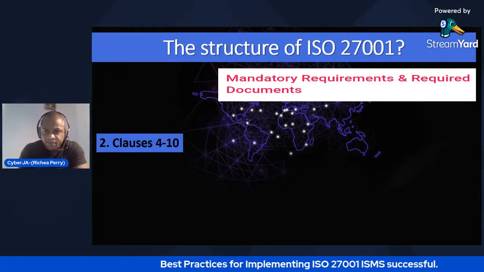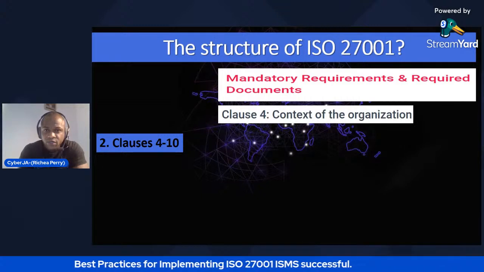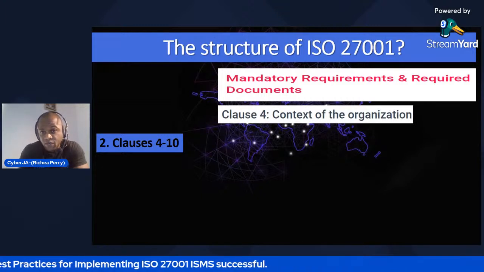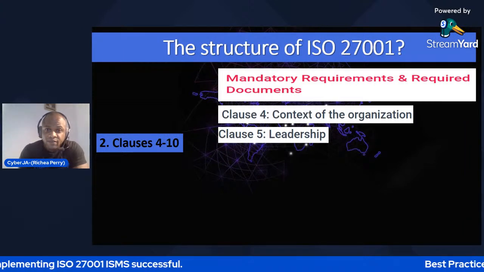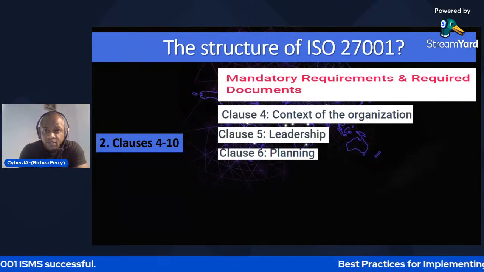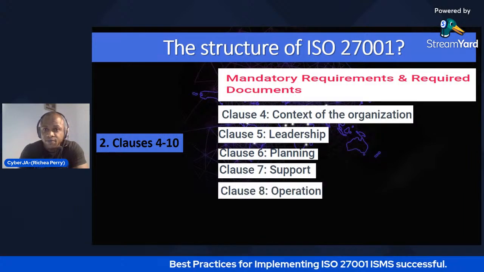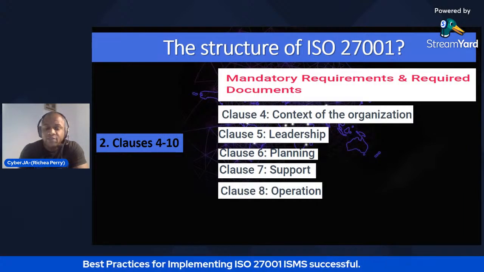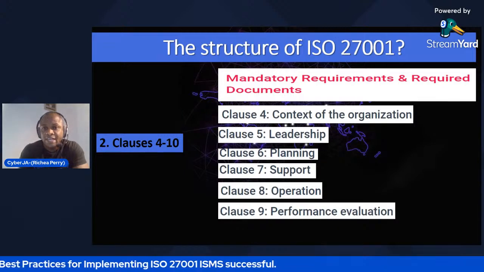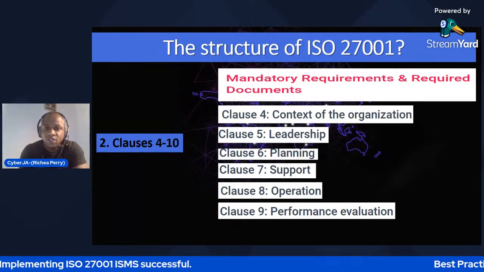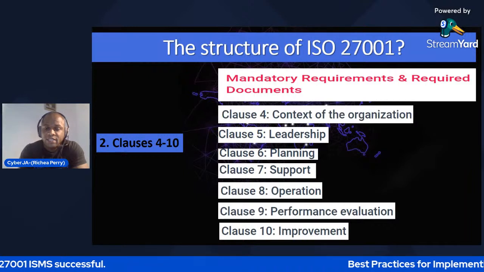This is broken into clause 4 that looks at the context of the organization, clause 5 that looks at leadership, clause 6 that looks at planning, clause 7 that looks at support, clause 8 that looks at operation, clause 9 that looks at performance evaluation, and clause 10 that looks at improvement.